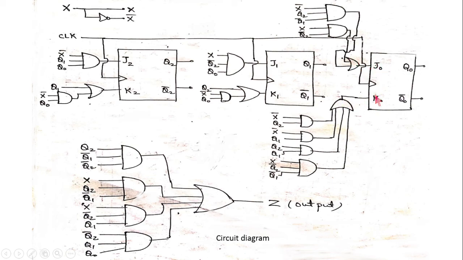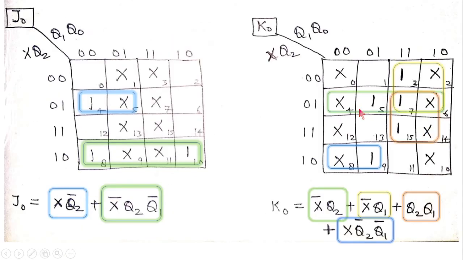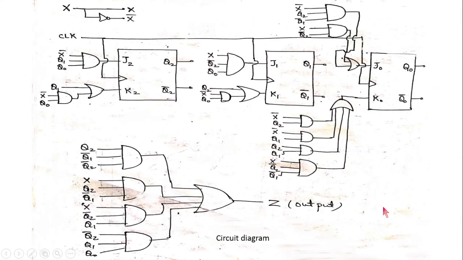Now K0, previously K0 had 4 terms: 1, 2, 3, 4. So 4 AND gates, with 3 of 2 input and 1 of 3 input, and for the 4 inputs there is an OR gate. So first it's X bar Q2, X1 bar Q1, Q2 Q1, X Q2 bar Q1 bar.